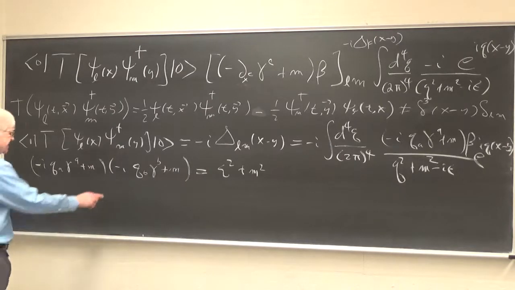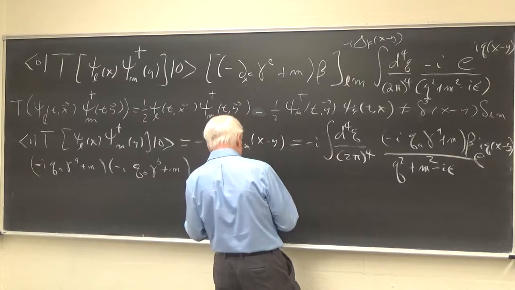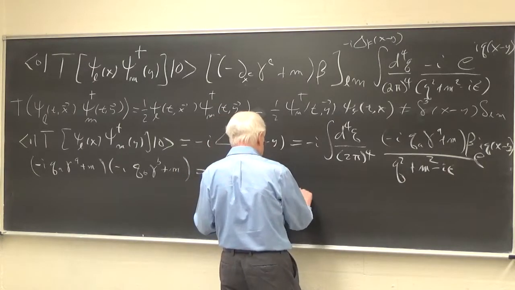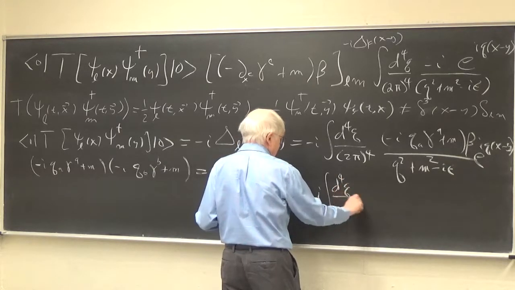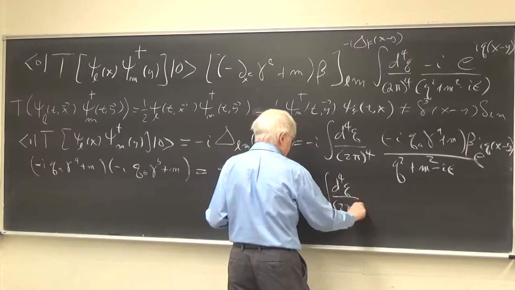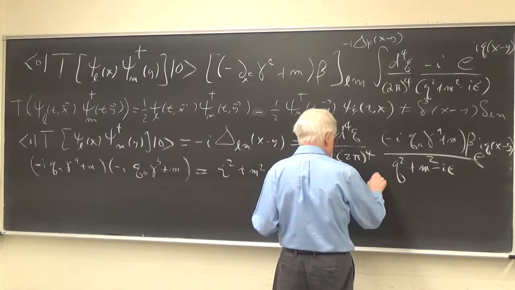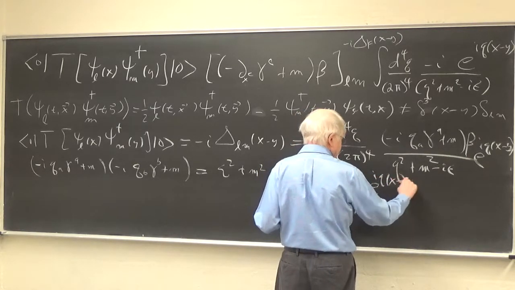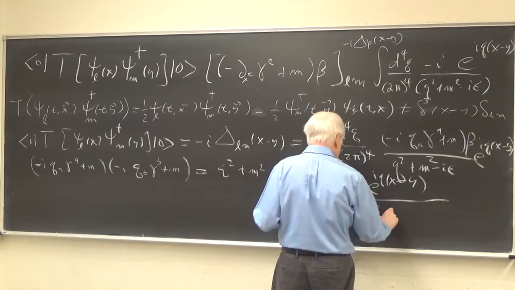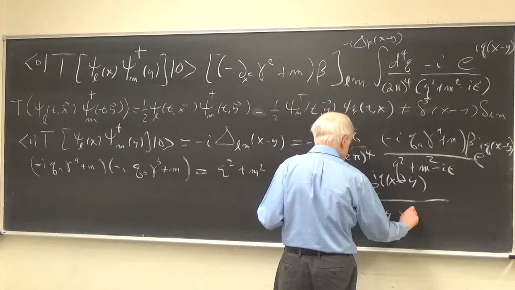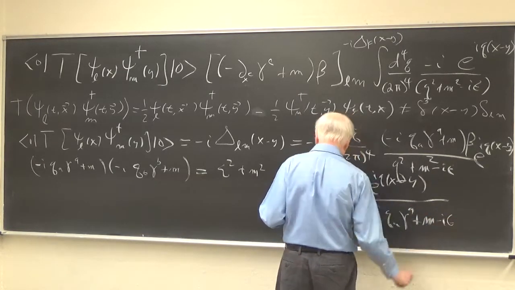And in fact, these two terms commute with each other. And so what some people do is they write this as minus i integral d^4q over (2 pi)^4 e^{iq(x minus y)} over (i q_a gamma^a plus m minus i epsilon).